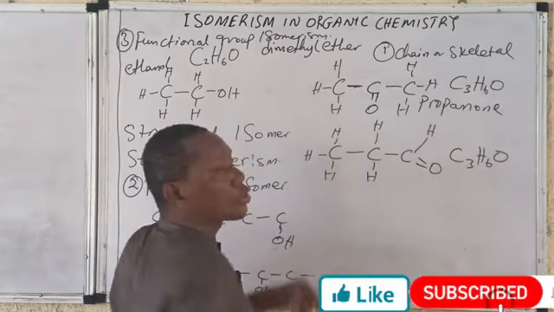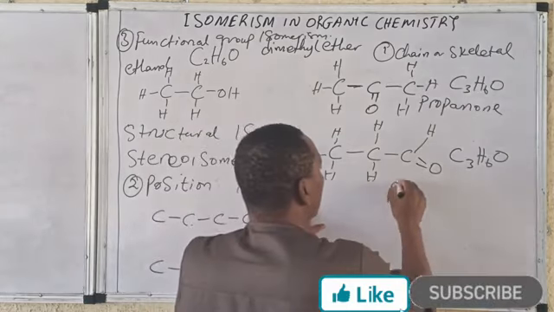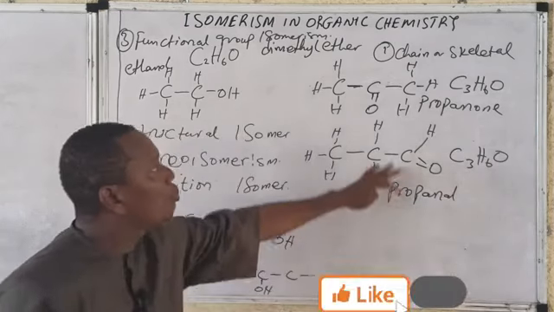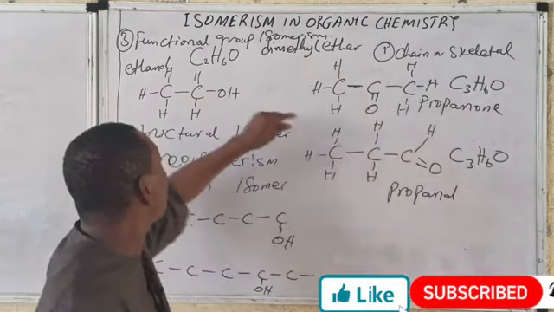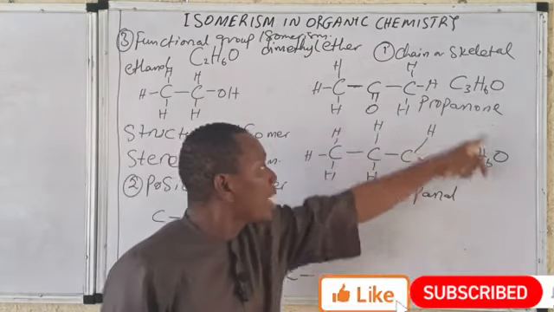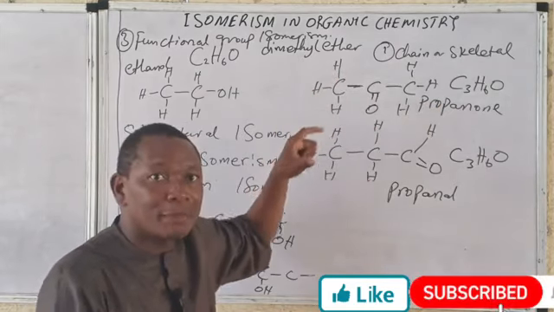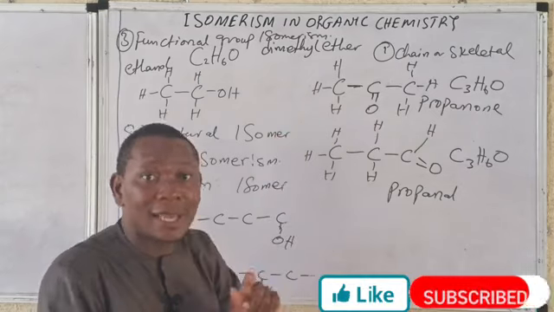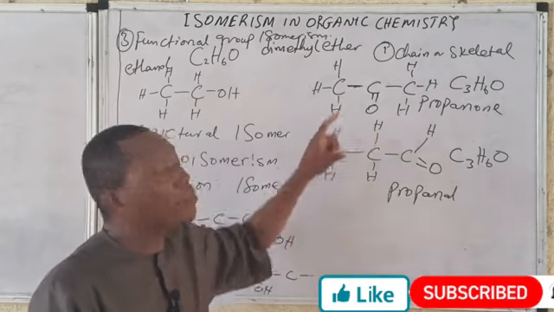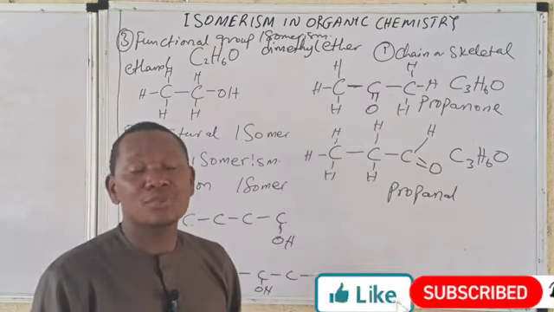It's a ketone group, while this is an aldehyde, propanal. Completely different functional groups, just the way we have in the first compound that I mentioned. So they have the same molecular formula, but they belong to different families, and their properties are entirely different. So this is another example of functional group isomerism.